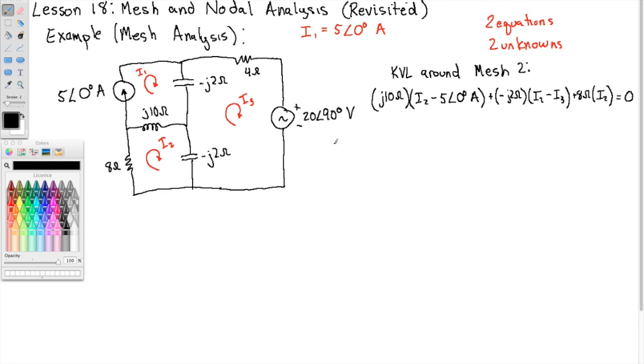So what do we have for I2? We've got I2 times, well, we've got a j10 ohms and a minus j2 ohms and an 8 ohms. So 8 ohms here is the real part, so we'll write 8. And the imaginary part is a minus j2 and a j10, so that makes plus j8. And this is all ohms.